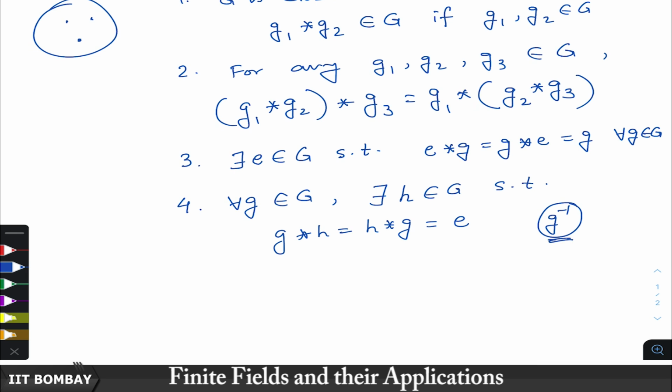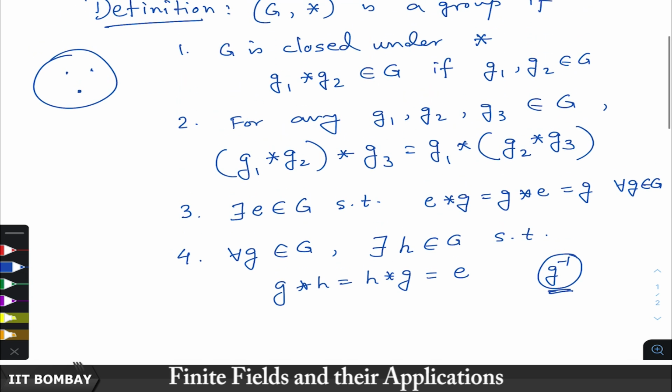Of course, before we can denote it that way, we need to ensure that such an H is unique, and that is indeed the case, and we will see that in a moment. So, these are the four properties that make this pair of a set and an operation a group.